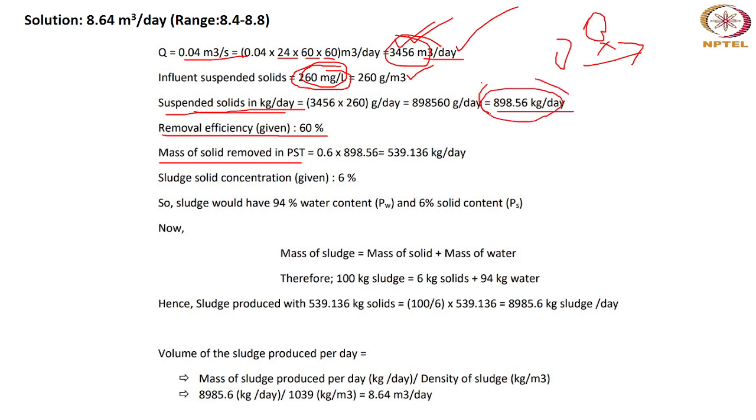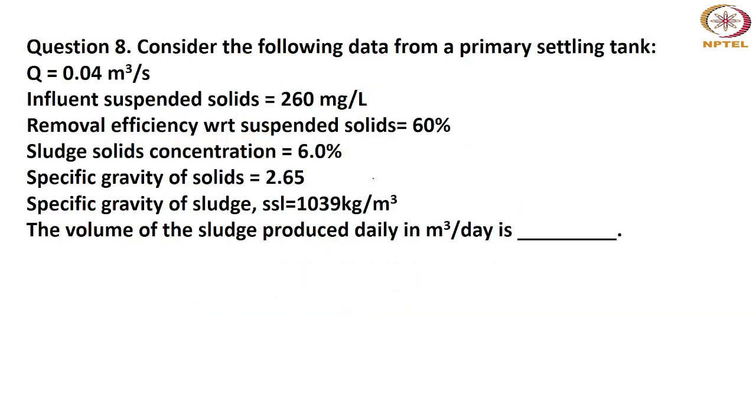Totally this much is coming, around 898, and 60% is getting removed. So 0.6 multiplied by 898, I'm getting around 539.136 kg per day.